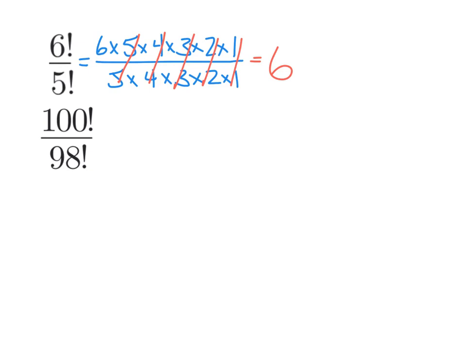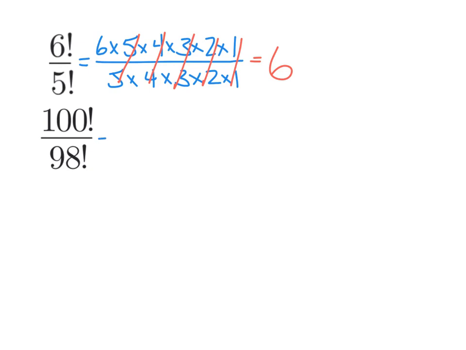But a problem that's pretty much just as easy as that one, your calculator can't do. 100 factorial over 98 factorial. If you were to try that one in your graphing calculator, typing it all in correctly, hitting enter, you immediately get an error. It's an overflow error, and what the details of the error on your calculator tell you is that the numbers that you're trying to come up with are way too big for your calculator to handle them.